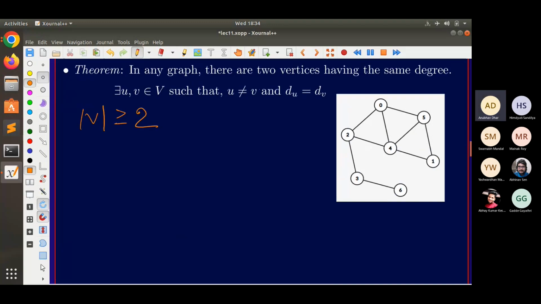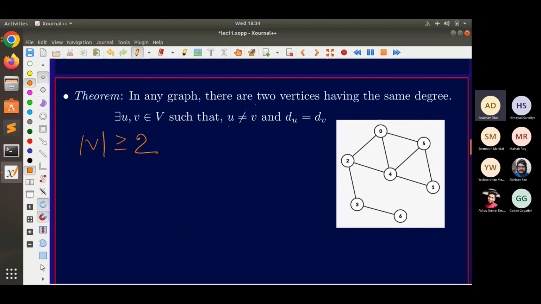So in a graph with at least two nodes, there are two vertices having the same degree. That is, there exist u and v in capital V such that u not equal to v, but degree of u is equal to degree of v. For example, in this graph, you can see this vertex and this vertex have the same degree, right? Also, this vertex and this vertex have the same degree.